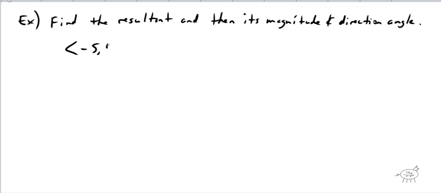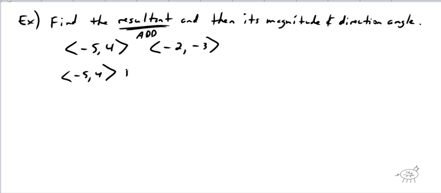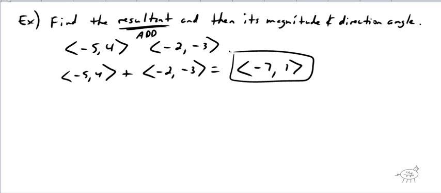So we're going to do negative 5 comma 4 and negative 2, negative 3. So to find the resultant remember means add. So you're going to say negative 5 comma 4 plus negative 2, negative 3. Okay, and that's, again, really easy. Negative 5 minus 2 is negative 7, and 4 minus 3 is 1. Okay, so that's the first part. There you go. That's the resultant. Okay, and the rest of it's really easy, what we just did before.